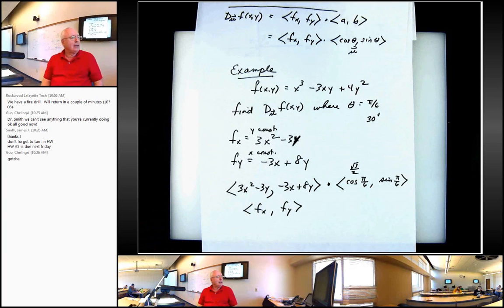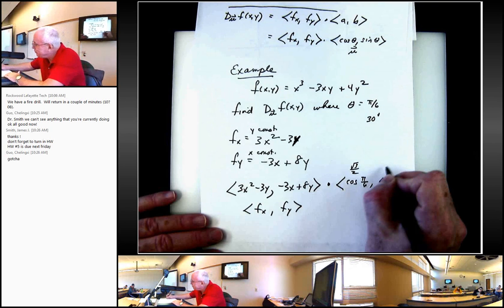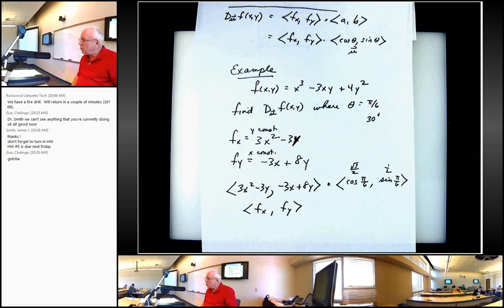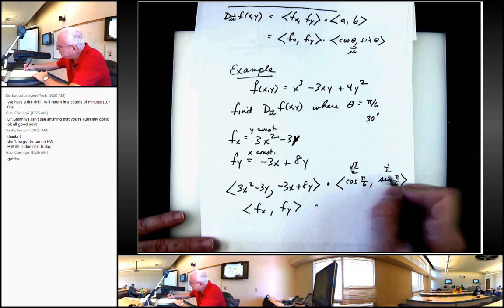Sometimes I've done it enough that I don't, but back in the day, I always had to draw the triangle. Whatever you have to do. And then the sine of pi over 6 is 1/2. So we're dotting this with that.